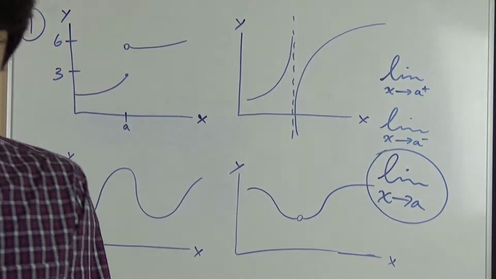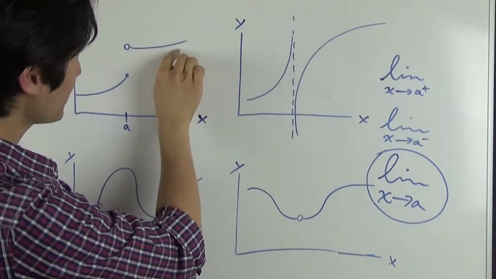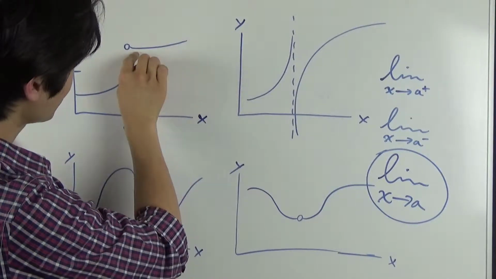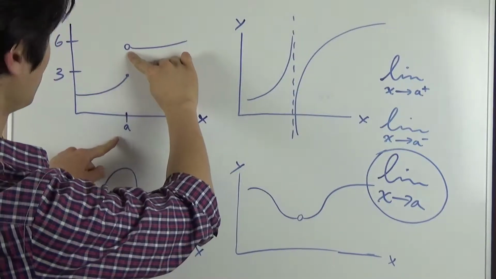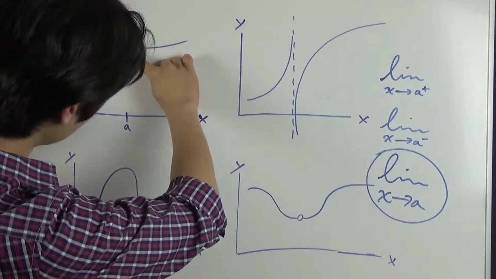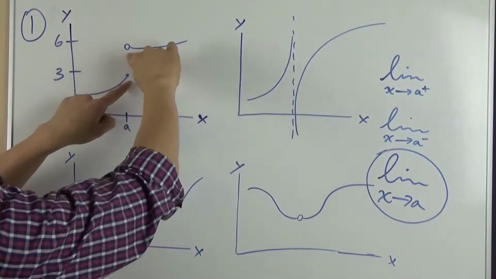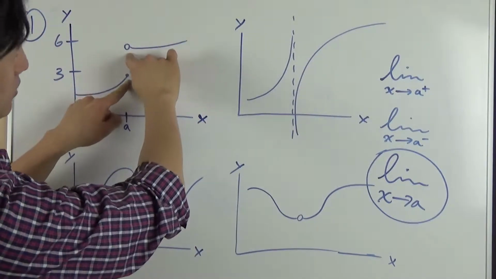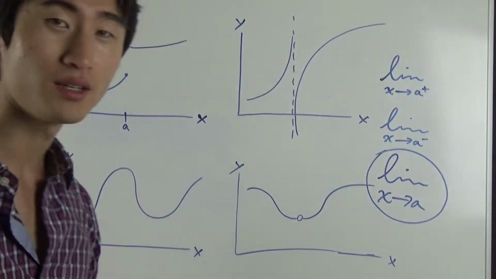So if I come in from the right, it seems like the limit will approach 6 as it approaches a. Now if I come from the left, the limit appears to approach 3 as I approach a. So from the right hand side I get 6, and from the left hand side I get 3.